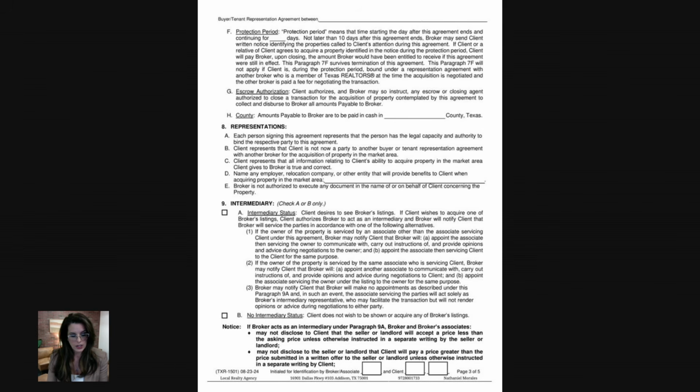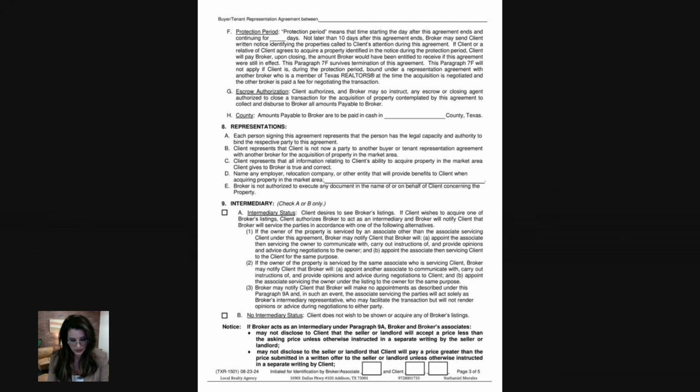The next is just miscellaneous stuff that says that the client is going to disclose any other relocation companies or any other employer that they're working with. Sometimes there are some rules with relocation companies of who they can work with, who they cannot work with. So make sure you're going through this section so they understand their representation.